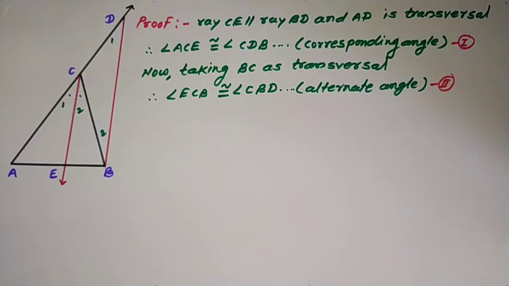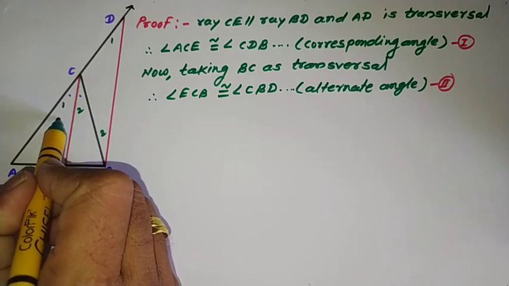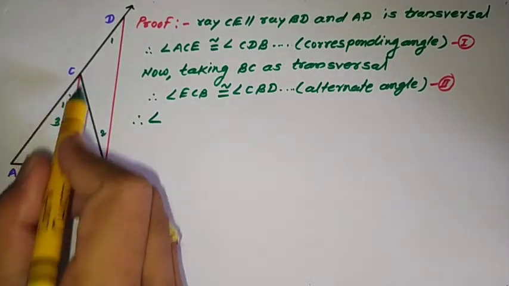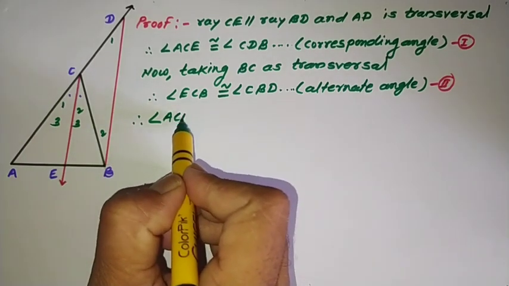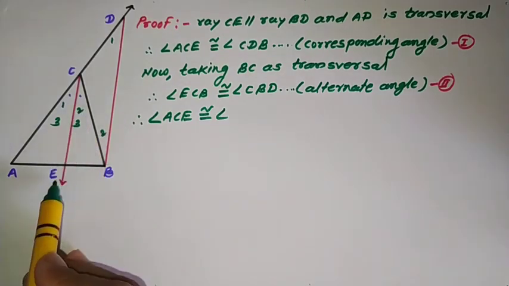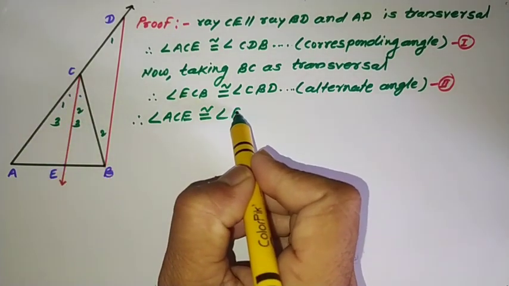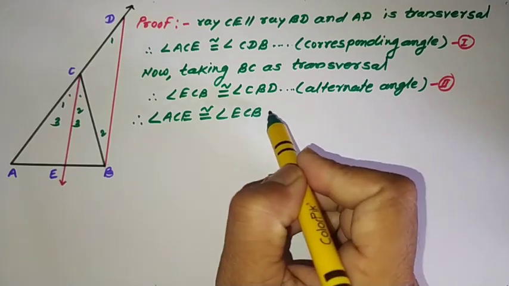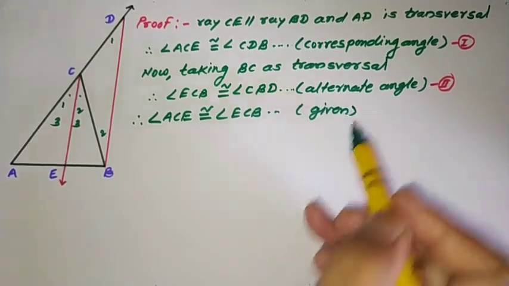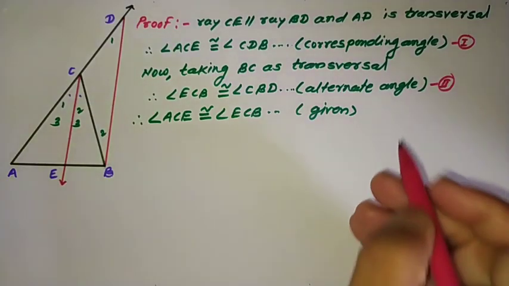We know that in the given, CE is the bisector of angle C. These two angles are congruent. Therefore, angle ACE is congruent to angle ECB, reason: given. This is the third statement.